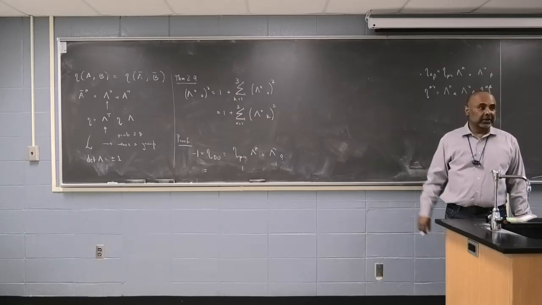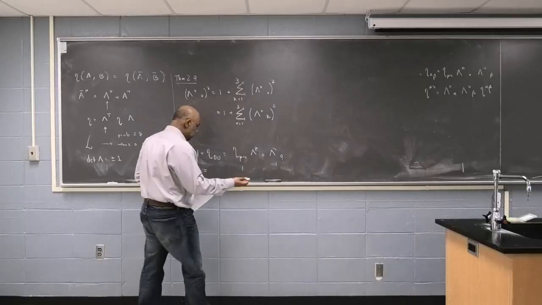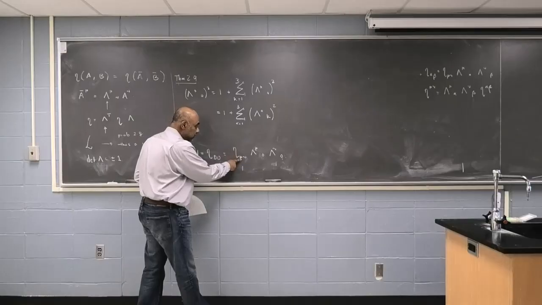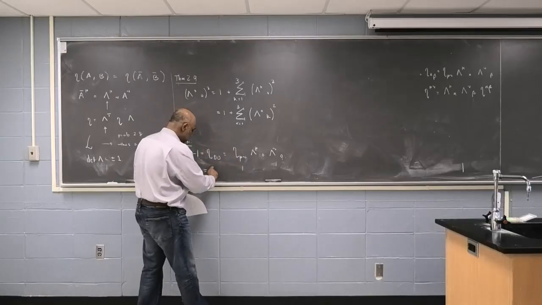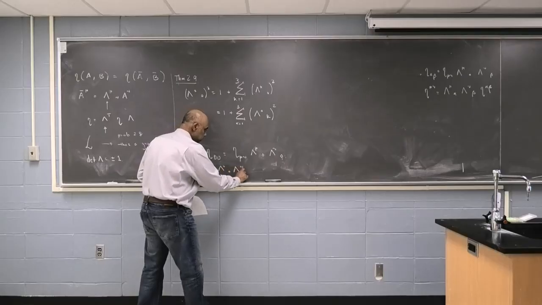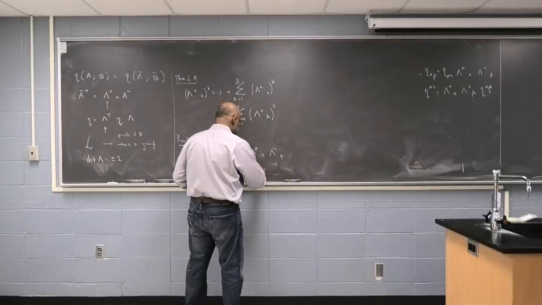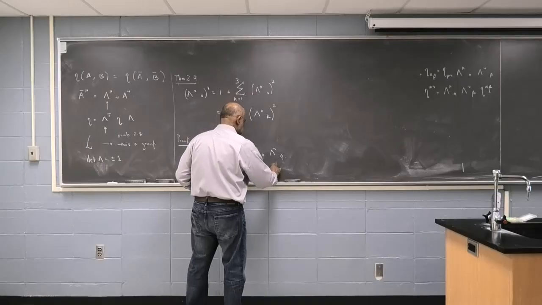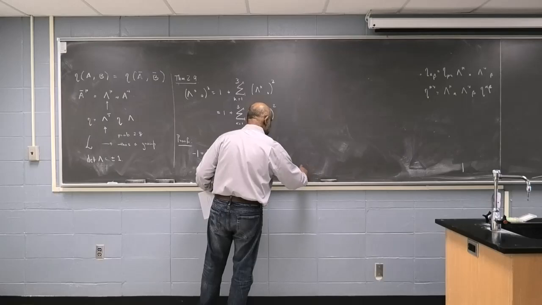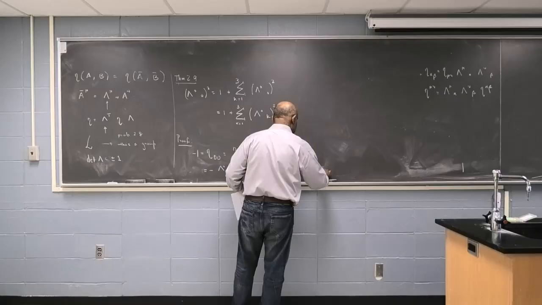When I do, I'm going to get the result on the top. Sum over mu and sum over nu. So the first non-zero element is 0 0, but eta 0 0 is minus 1. So minus 1, lambda 0 0, lambda 0 0. The next ones, you can see where we're going with this: lambda 1 0, lambda 1 0, plus lambda 2 0, lambda 2 0, plus lambda 3 0, lambda 3 0.